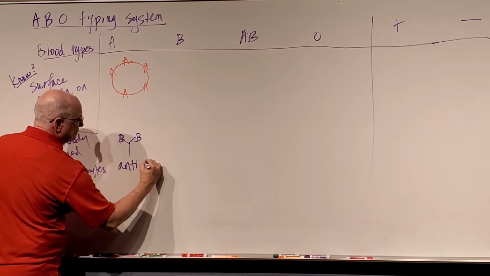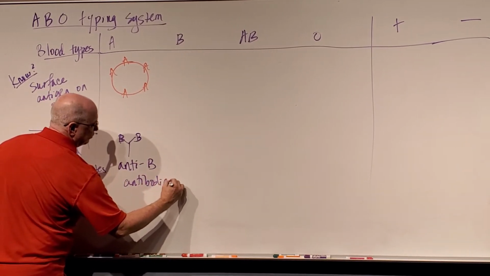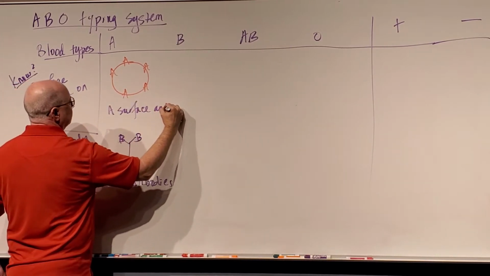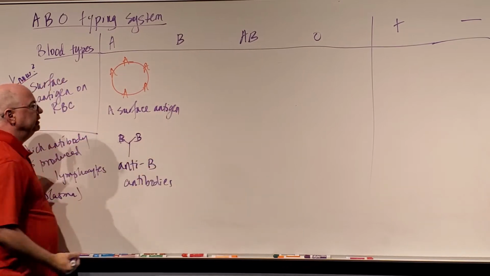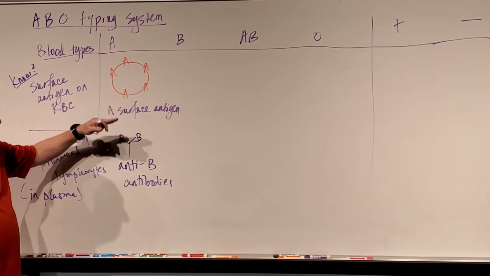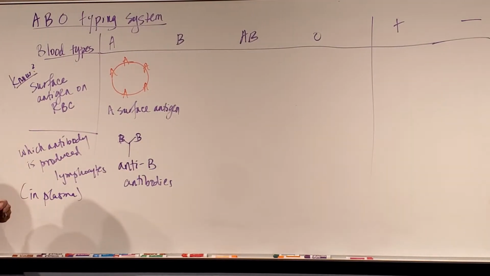So you have anti-B antibodies in your plasma, and you have the A surface antigen. So anyone with type A blood is going to have A surface antigens on their red blood cells, and since that gene is linked to this gene, they're going to have anti-B antibodies. Automatically, you're born that way.